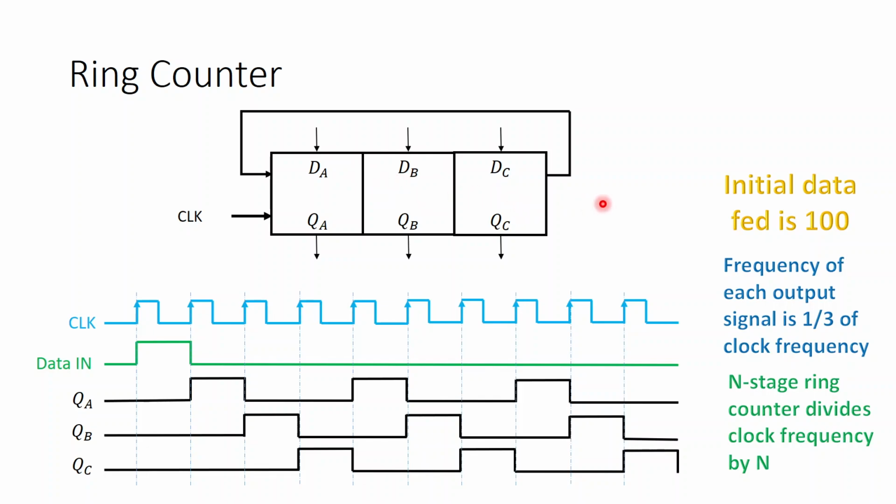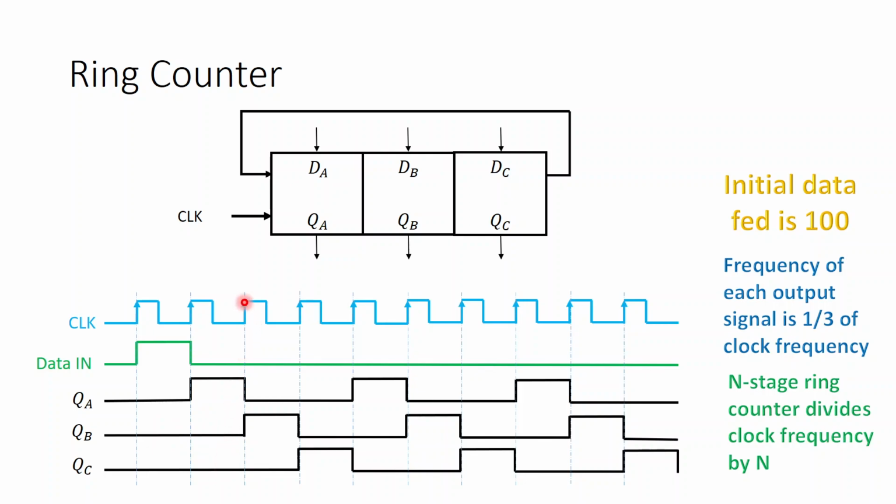Let us suppose the initial data is 100. This is a single pulse you can consider, actually others are 0. So this DA will come to QA at the next clock cycle. What is the state of QB then? Since QA was 0, QB is 0. Since QB was 0, QC is 0.